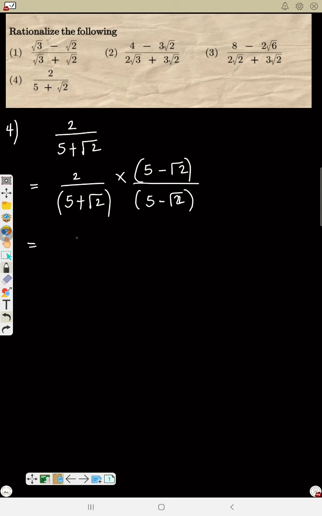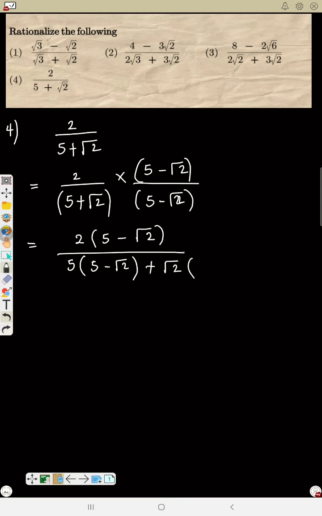So this will be 2 times 5 minus root 2 divided by 5 times 5 minus root 2. So this one times this, plus square root of 2 times 5 minus root 2.